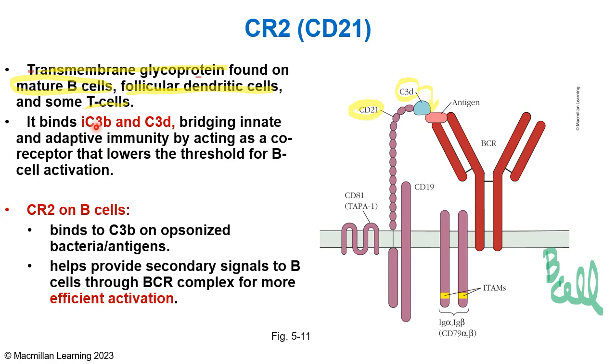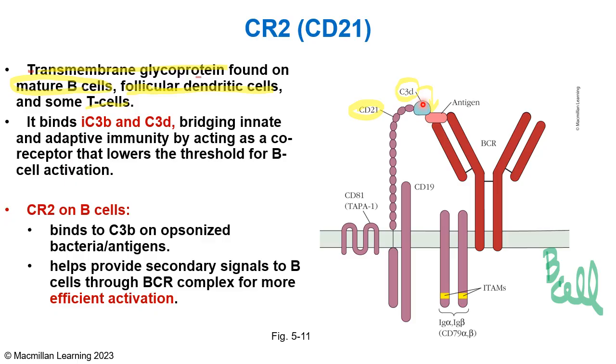Okay, so what can it bind? It can bind iC3b, it can bind this other C3d type of fragment. Okay, and the importance of this receptor is that it is really connecting the innate immune system, because this thing is just the same in all of the cells, right? You're not modifying it, it's not part of the adaptive system.